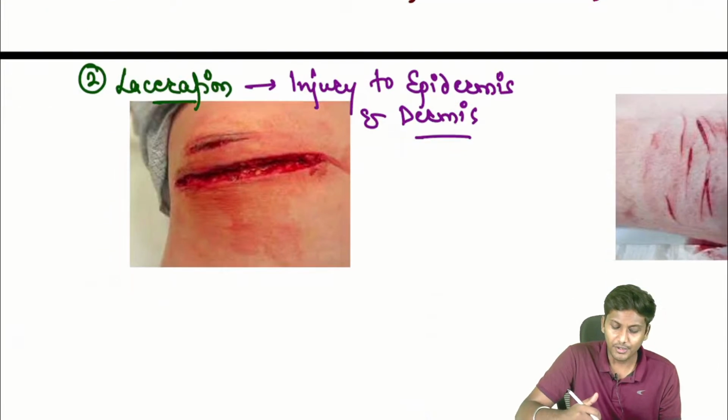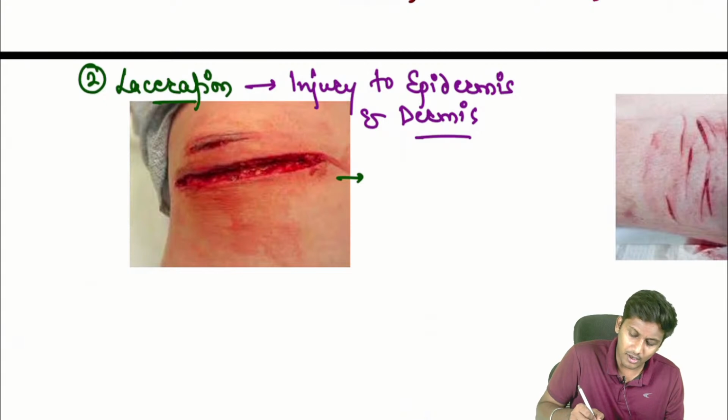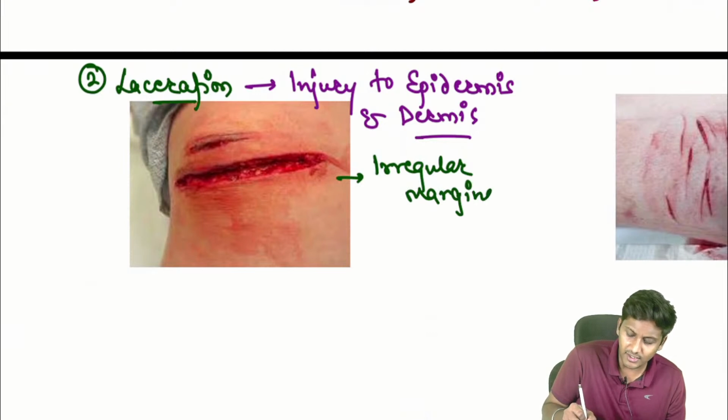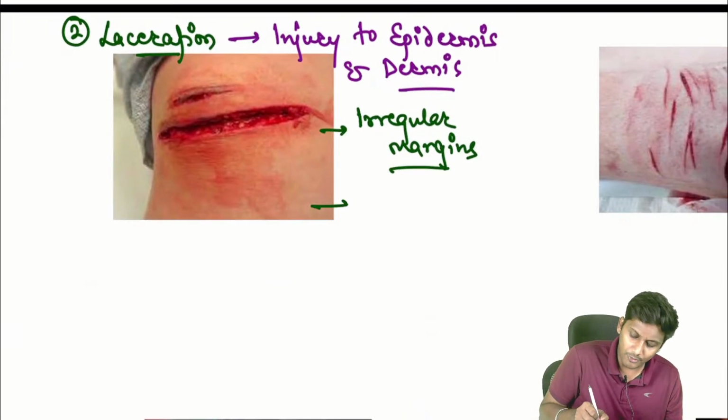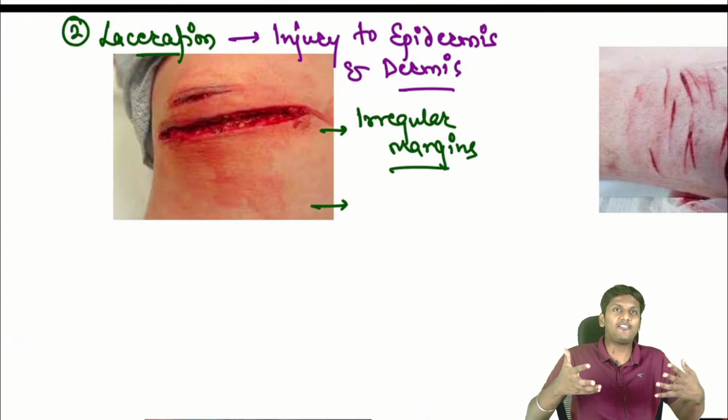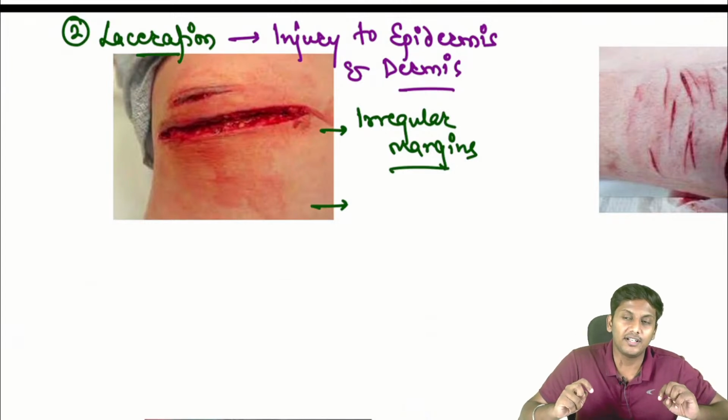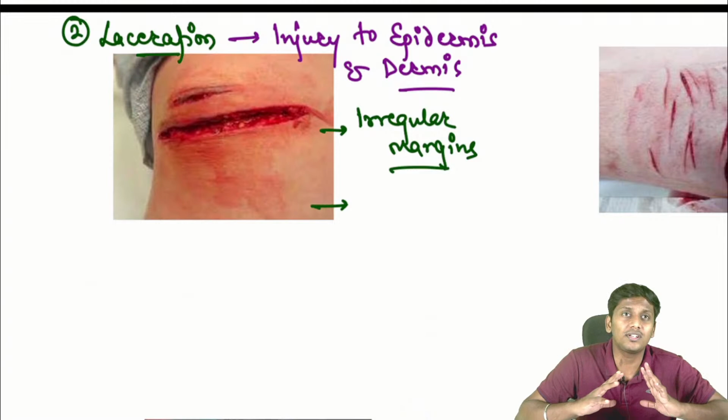Now, will it have a regular margin or irregular margin? It is going to have irregular margins. जो margins होते हैं, जो edges होते हैं इस wound के, definitely they are going to be irregular. And third important, as it is due to a road traffic accident, it is a very crude kind of a wound.